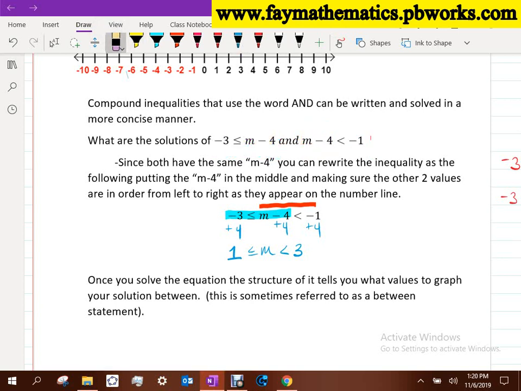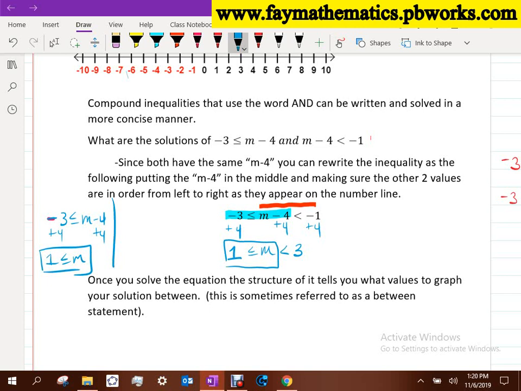If I had just -3 less than or equal to m minus 4, you would have added 4 to both sides, right? That gives you 1 is less than or equal to m. Is that what this says right here? Yes, 1 is less than or equal to m.